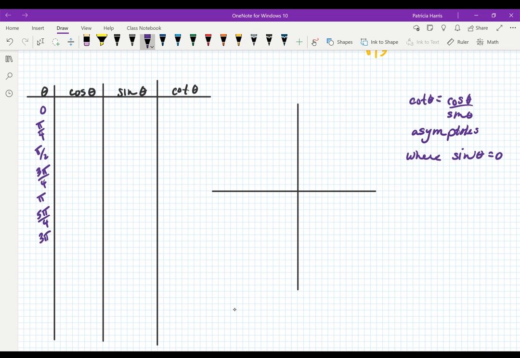So we're just putting in the angle values really quickly. Okay, we already know that the period for cosine and sine is 2 pi. Okay, so here we go.